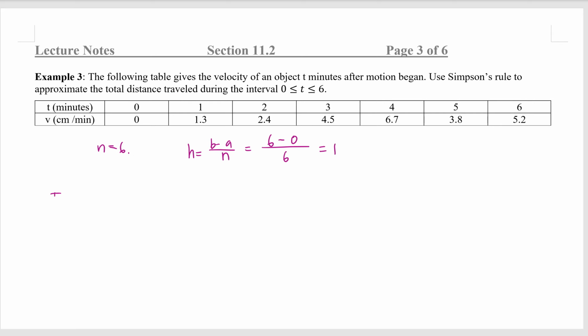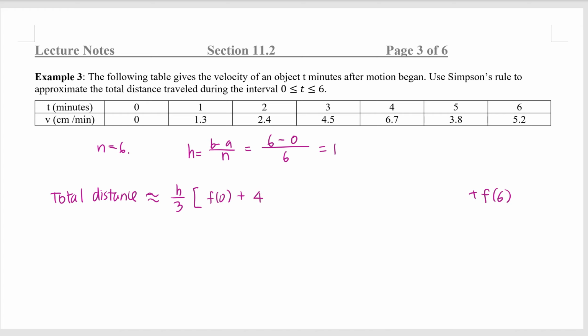Okay, so the total distance by Simpson's rule equals h over 3. And here, what are the points? Well, here we have 6 points. The first point, 1 copy. The last point, 1 copy. And the interior points, the coefficients alternate 4, 2, 4, 2.